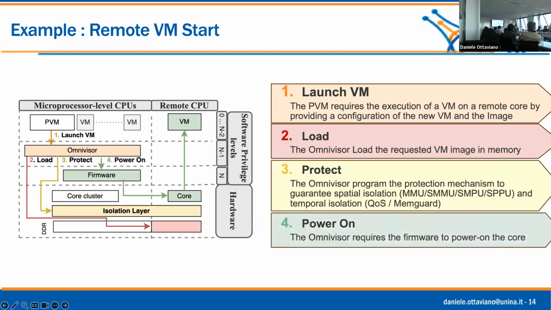And finally, it's going to ask, usually, a firmware that is the only element that has a higher privilege level to power on the specific core. In this case, the core starts and starts reading the specific code the Omnivisor has loaded in this memory, and is completely protected from accessing other resources in the system thanks to the Omnivisor.